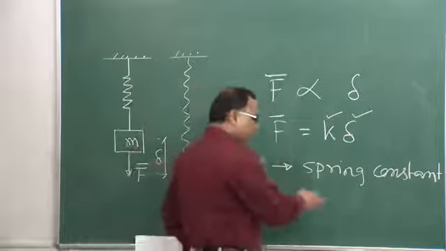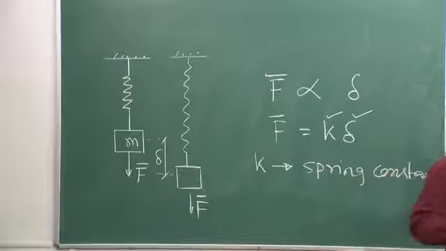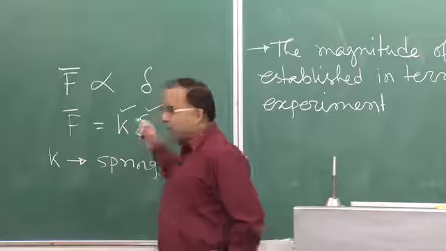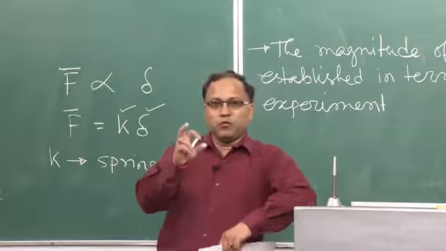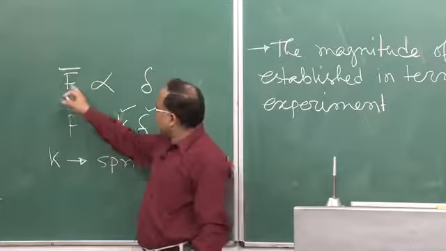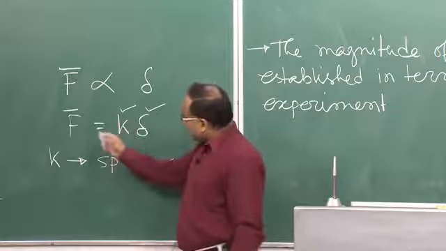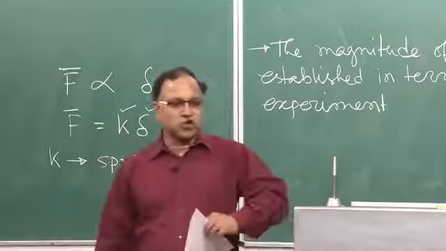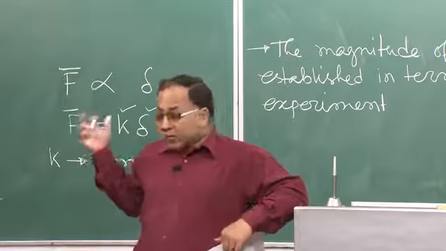In that way, for any mechanical system, if you want to establish the magnitude of the force F, this is the way we will find out, okay. So what are the steps involved? We studied the force, we studied the deformation, and we established the relation between the force and the deformation, and then finally our job is done. So we have analyzed the complete mechanical system, we can say, right.